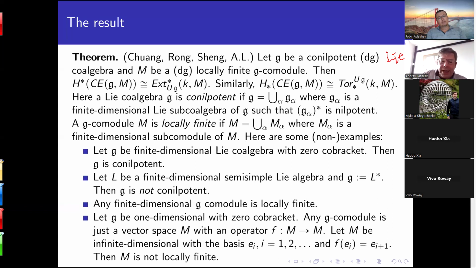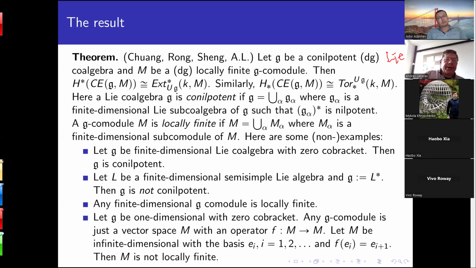In fact, the result is true in the much more general context of differential graded Lie coalgebras and differential graded comodules, but I'm not going to spend much time on that, other than just mention it here.